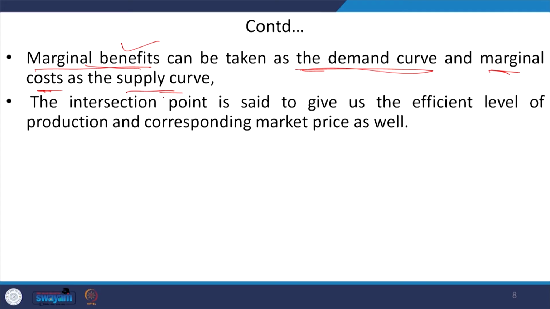When we are talking about the efficient level of production, we find it at the intersection of these two curves, the demand curve and the supply curve, right. We can also determine the market price at that point.